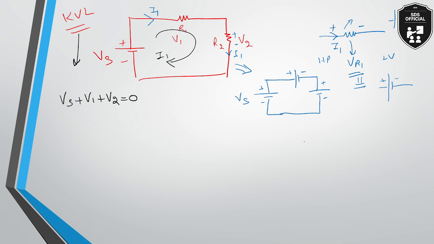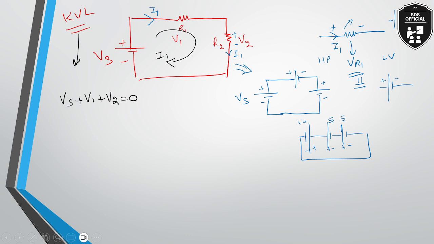Now if I combine all these batteries, what will happen? These will be connected in this fashion. Do you understand what I have done? Let us say this is 10 volt, this is 5 volt, this is 5 volt.